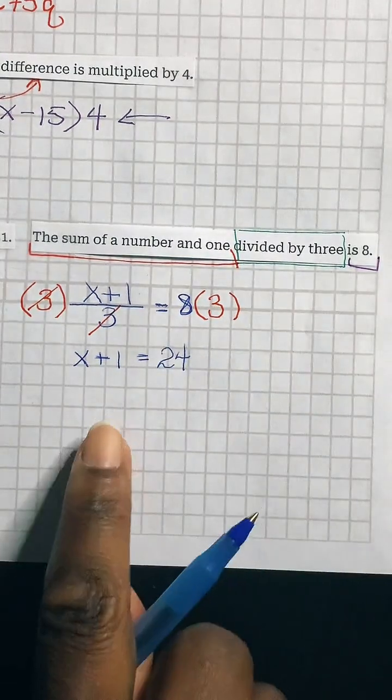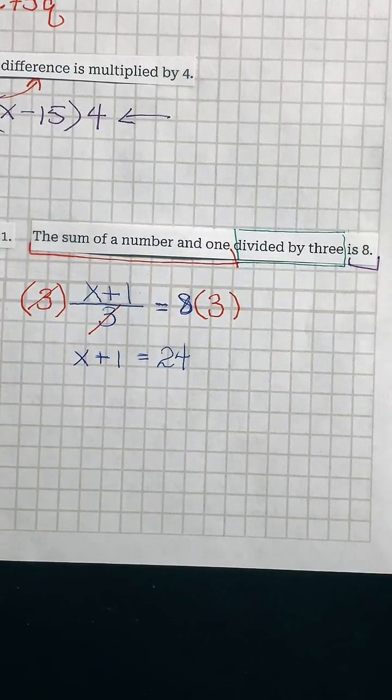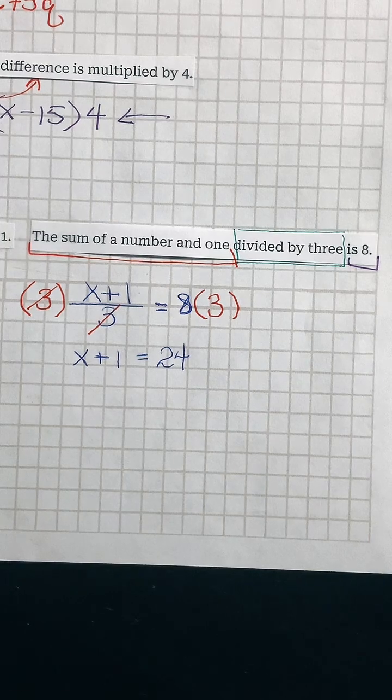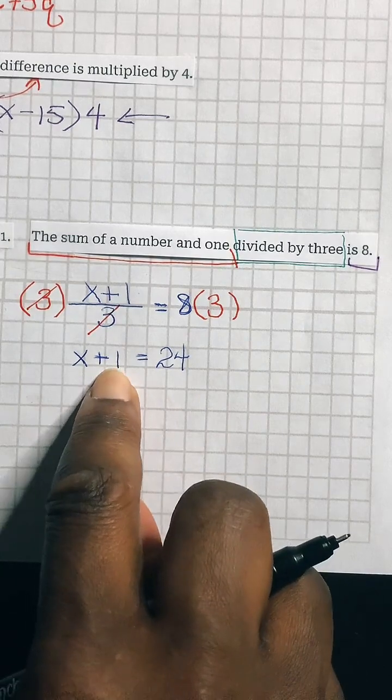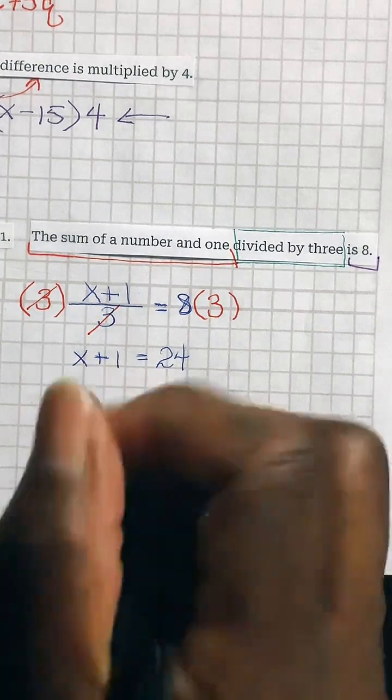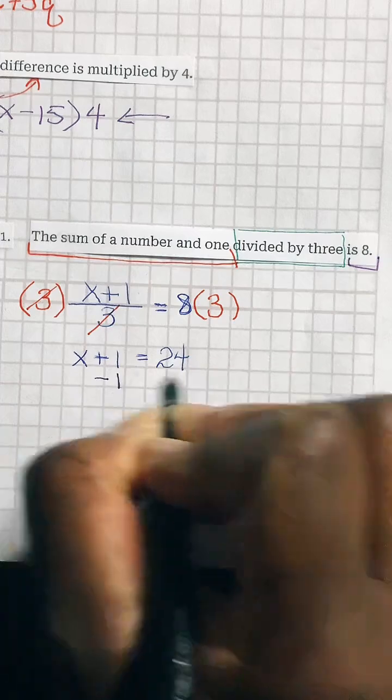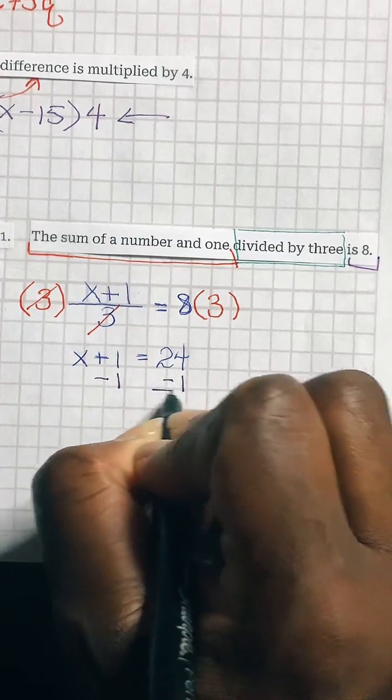So now we want to get x by itself. What do we have to do on both sides? So we need to get x. Yes, yes, yes, yes. Okay, so we have plus 1, so we always want to do the inverse. So we're going to subtract 1 on both sides.